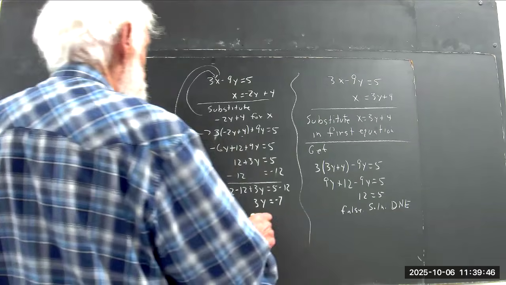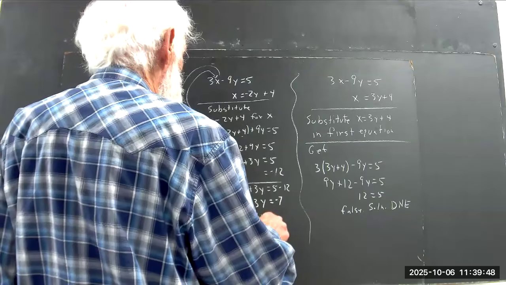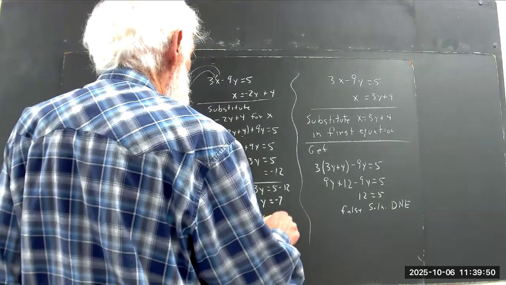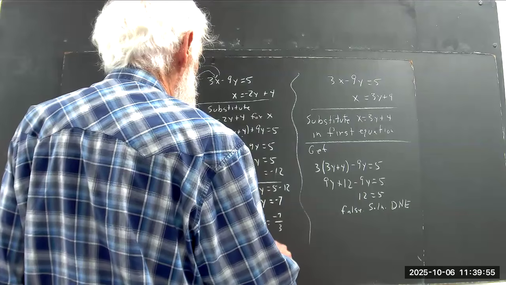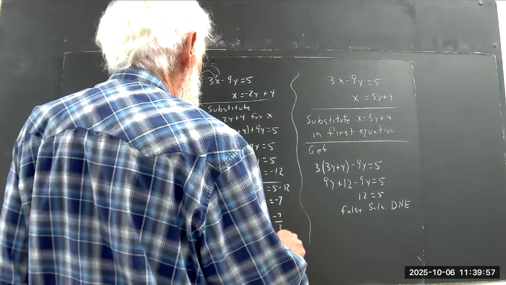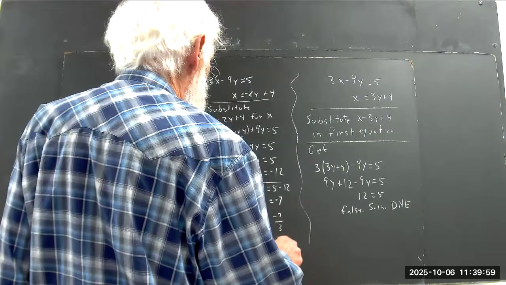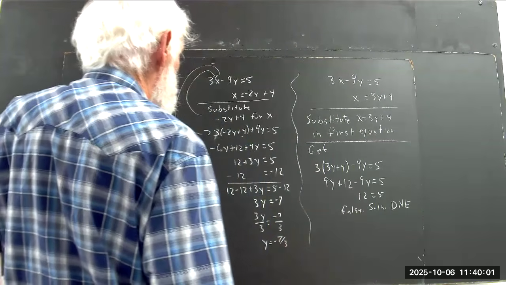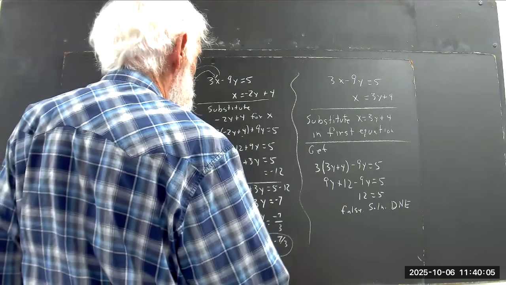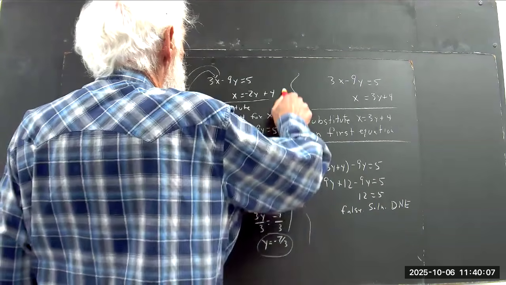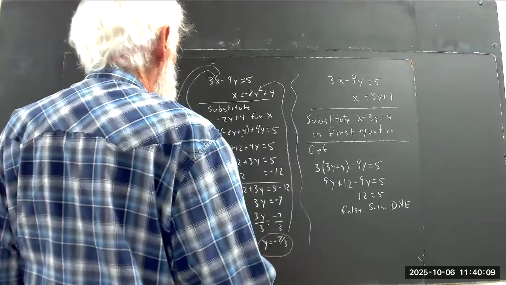Okay, anyhow, we get 3y equals -7. So 3y over 3 equals -7 over 3, so that y equals -7/3. What do we do with that? We plug that back into the second equation.